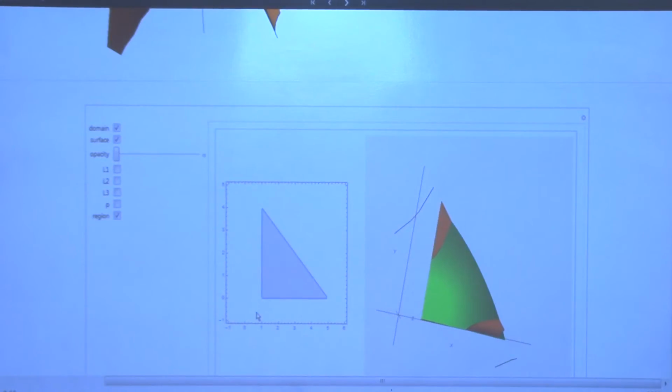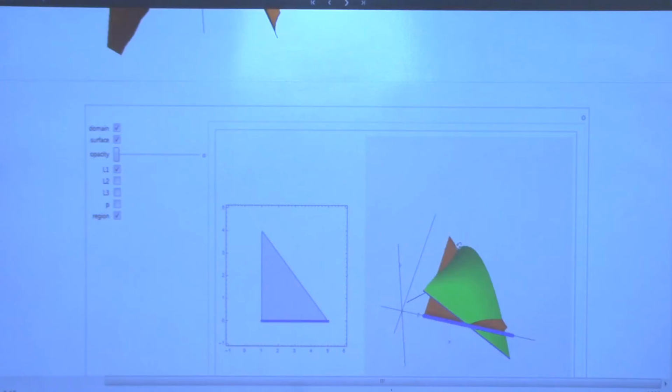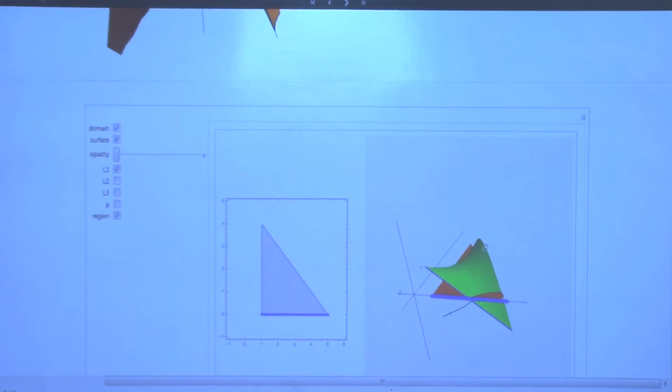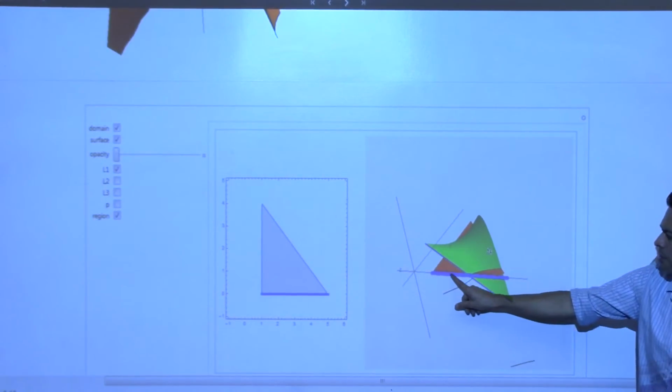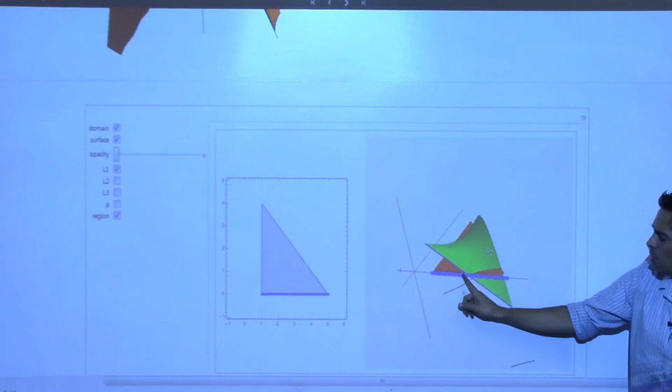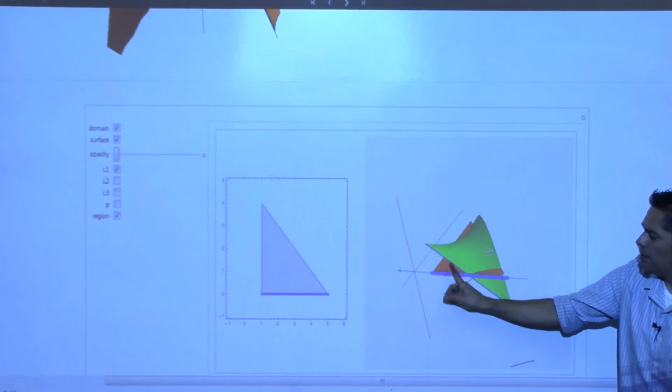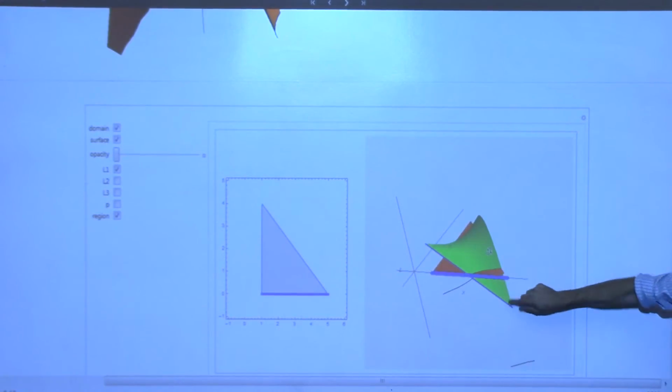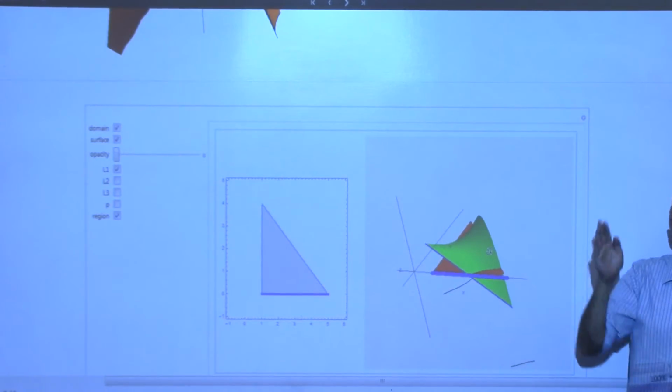A curve, right? So let me make sure I get my lines right here. There's that line. Okay, so there it is in the domain. Do you see the line in the domain right here? If you take each one of these points and plug them in, right? This blue line represents the edge of the surface, that curve, right?